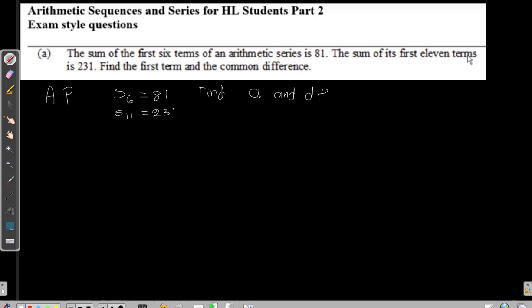The formula you should use is Sn, the sum of n terms, equals n over 2, the number of terms, times the first term plus the last term.